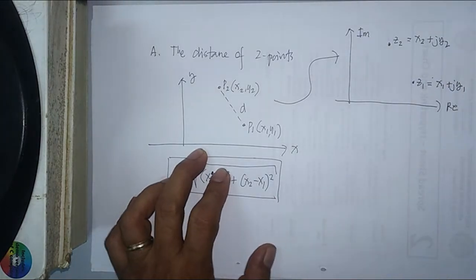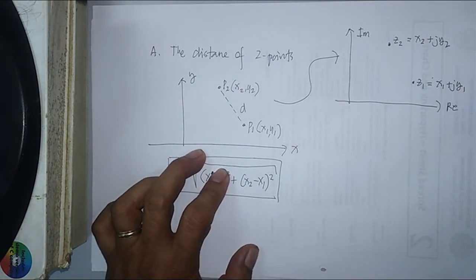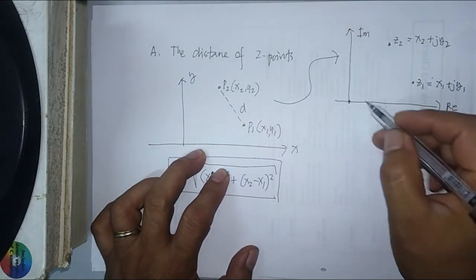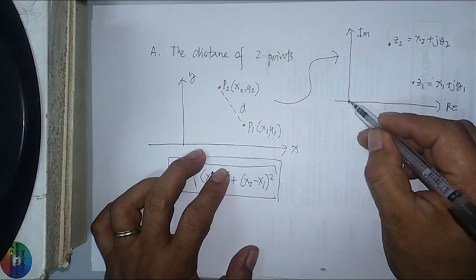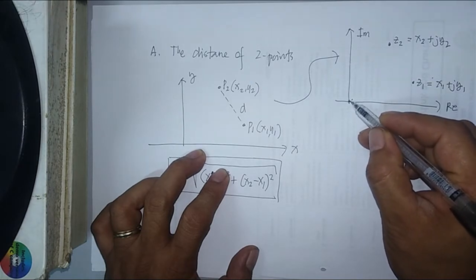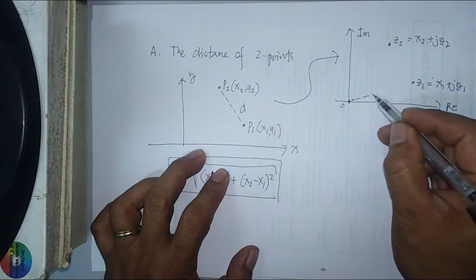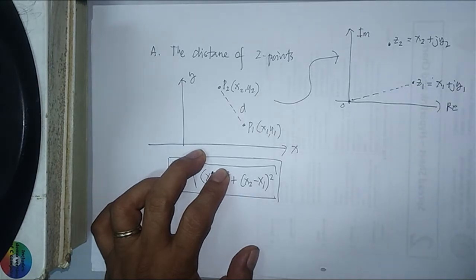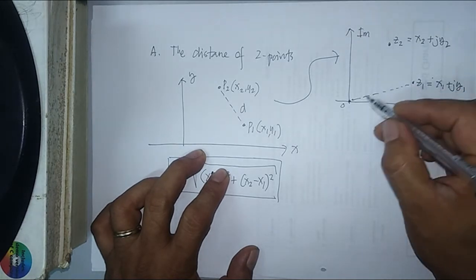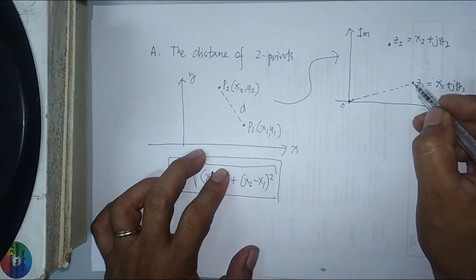Now, in lesson 1, the basics of complex numbers, we know that from the origin up to this point is the line segment Z1.